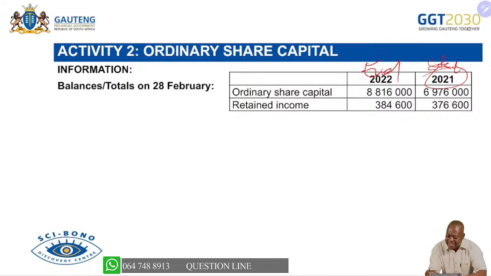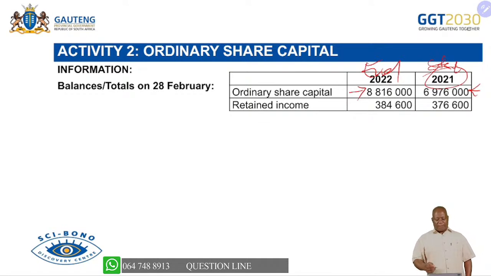So when the year started, the figure was 6,976,000, right? When the year ended, it had gone up. Can you see it to how much? 8,816,000. Let's not worry about the retained income for now. So it therefore means we have got the value of shares at the start of the year and the value of shares at the end of the year.